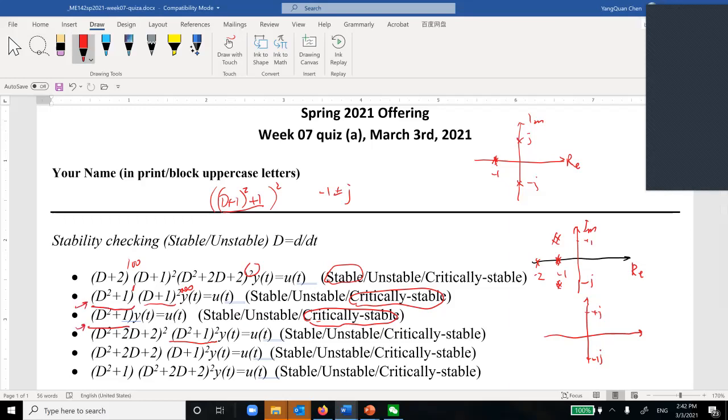That's why it's critically stable. It's not considered stable or unstable, it's in between. So number 2 and number 3 are essentially the same thing.